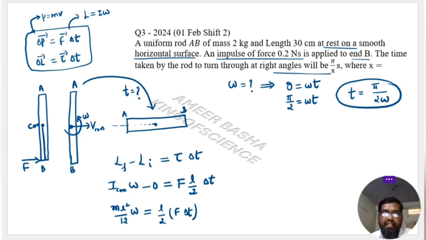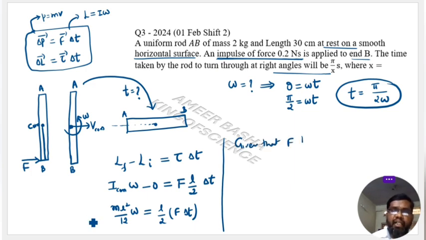It is mentioned that an impulsive force of 0.2 newton-second is applied. That means F into delta t is equal to 0.2 newton-second. With that, L by 2 cancels, and M L omega by 6 equals F into delta t, which is 0.2.